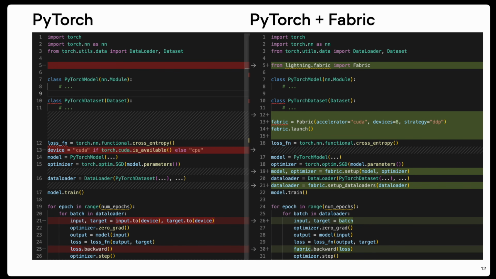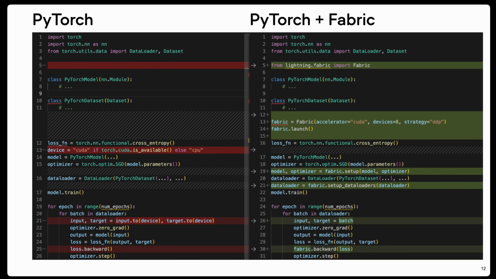On the left-hand side is the PyTorch code that I just showed you. On the right-hand side are these little modifications if we want to use Fabric. And you can see it's only 1, 2, 3, 4, 5, 6 little modifications here. The first one is importing Fabric. The second one is instantiating a Fabric object. Then using fabric.setup on the model and the optimizer.